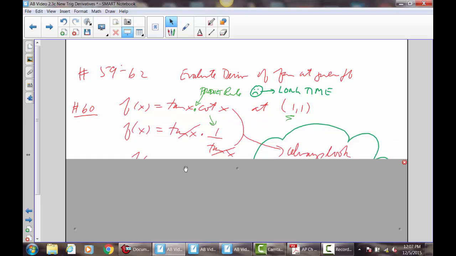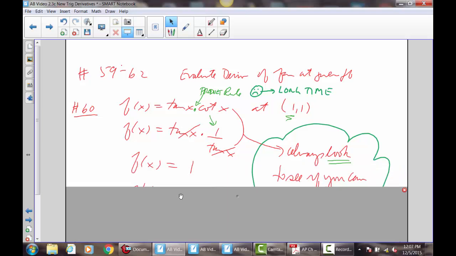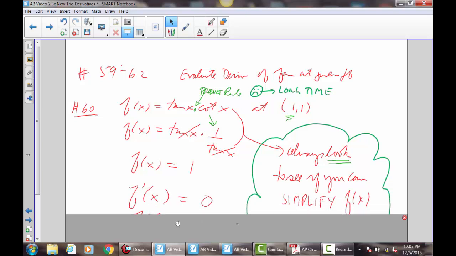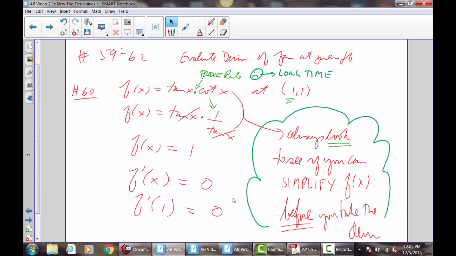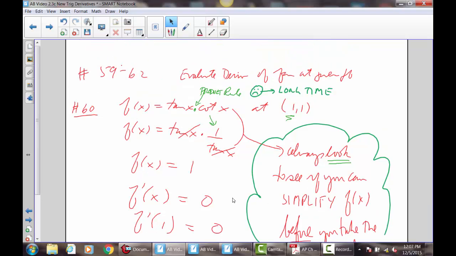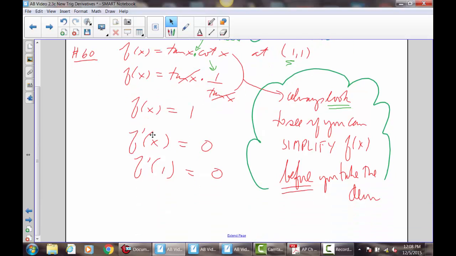Turns out that cotan x is 1 over tan x. You should know that. Tan x over tan x is 1, and therefore you're taking the derivative of 1, and you're getting 0. So always look to see if you can simplify f of x before you take the derivative. Now, it says at the point 1, 1, but it doesn't really matter what x is, because the derivative is always 0 no matter what x is in this particular case.